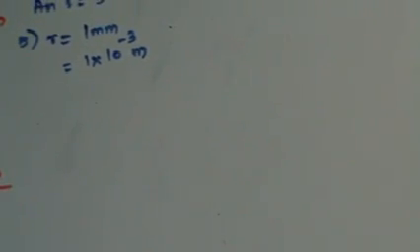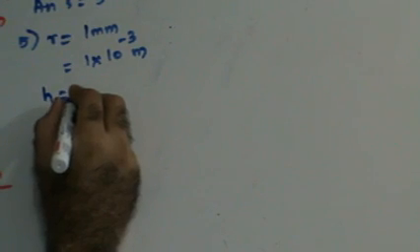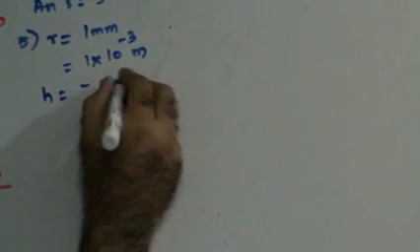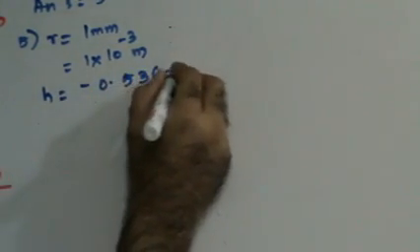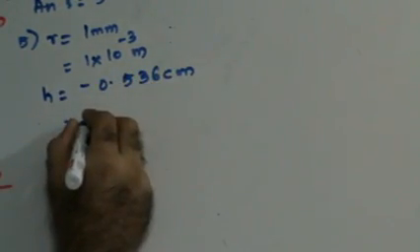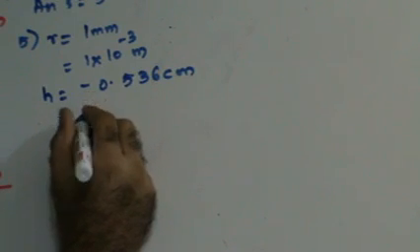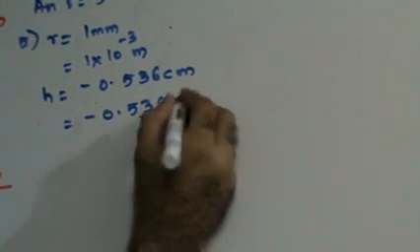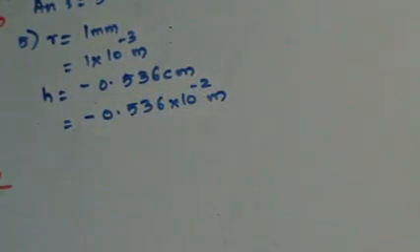The level of mercury inside the tube is found to be 0.536 centimeters below the mercury in the reservoir.